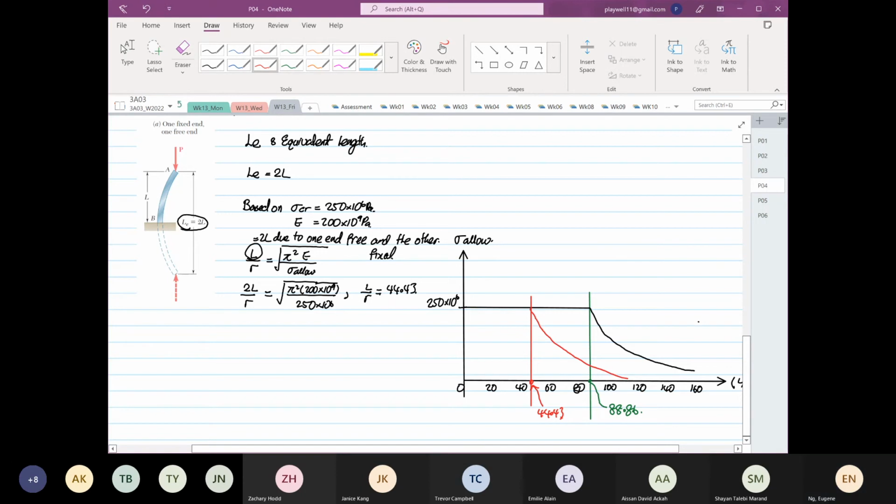Okay, so again, what it means: for this structure over here, you just need to do stress is equal to P over A, or deflection is equal to PL over AE, right? On the right hand side, now you have to consider what?